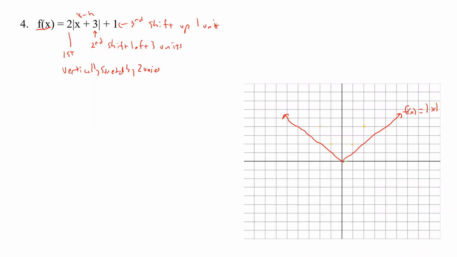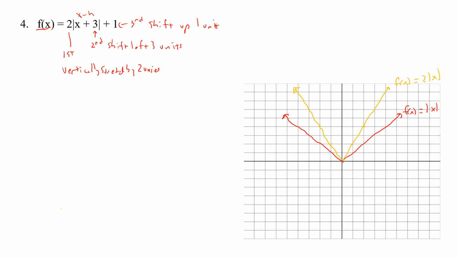All right, so that is going to be something like what we get here. So that's going to be our f of x equals 2 times absolute value of x. Okay, I just have to put the dots in the right places.